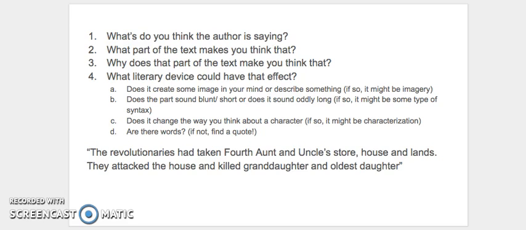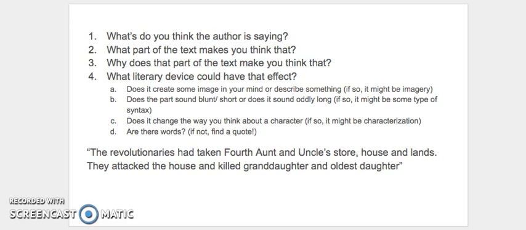And then another example, I was trying to see how Hong Kingston discussed her cultural context. And so I found a part where she said the revolutionaries had taken fourth aunt and uncle's store, house and lands. They attacked the house and killed granddaughter and oldest daughter.